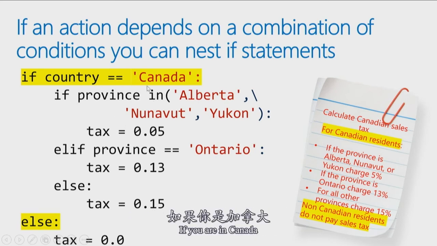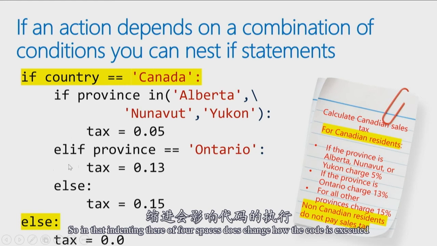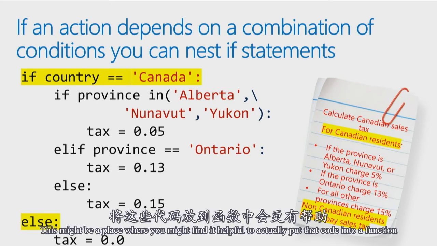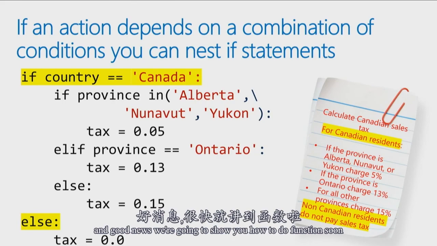And if you are in Canada, then if the province is in this list, then tax is 5%. So that indenting of 4 spaces does change how the code is executed. So be very careful with that, especially when you start nesting if statements together. This might be a place where you might find it helpful to actually put that code into a function, just so you don't make mistakes on the indenting. And good news, we're going to show you how to do functions soon.